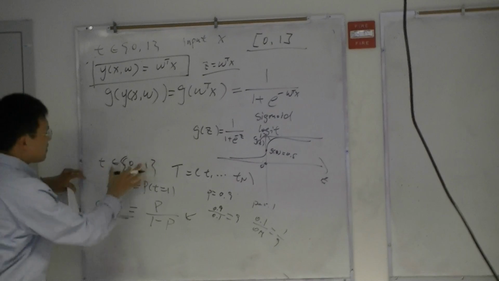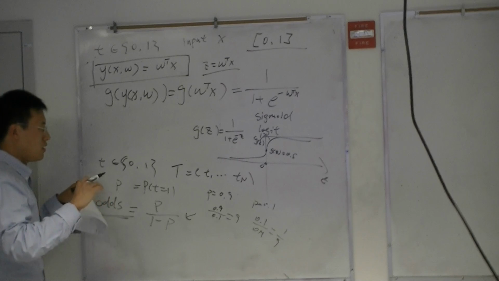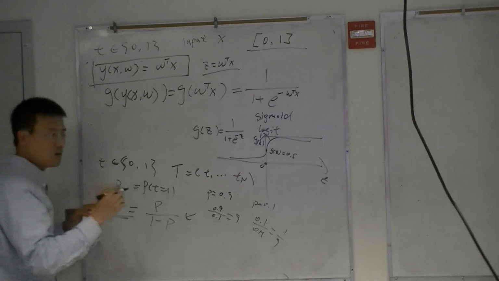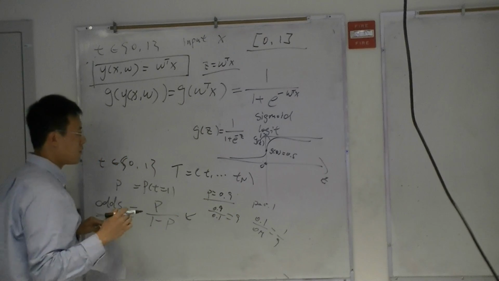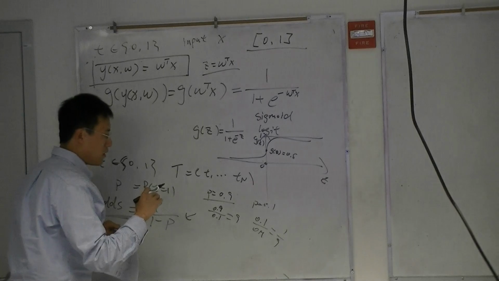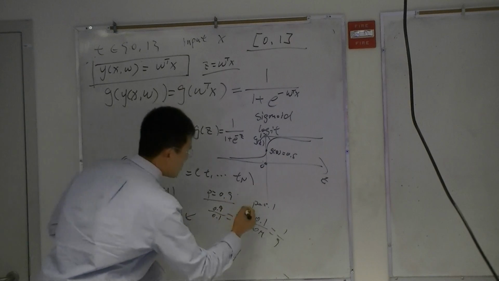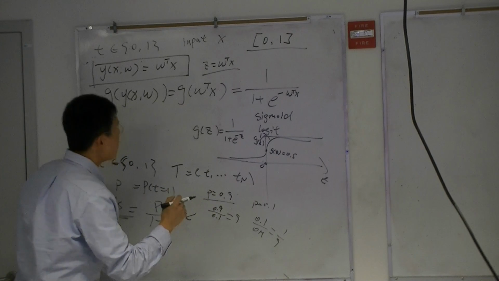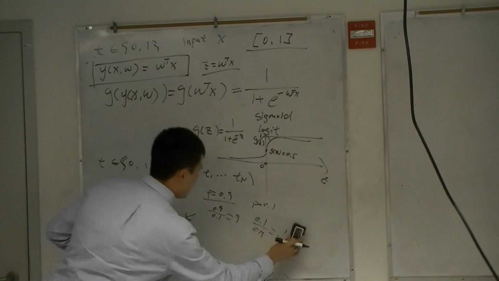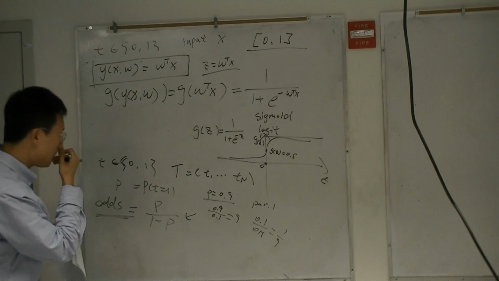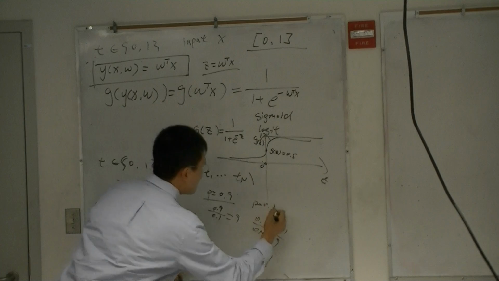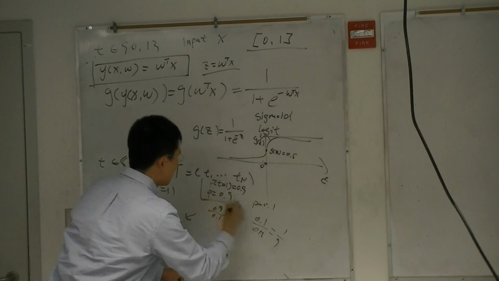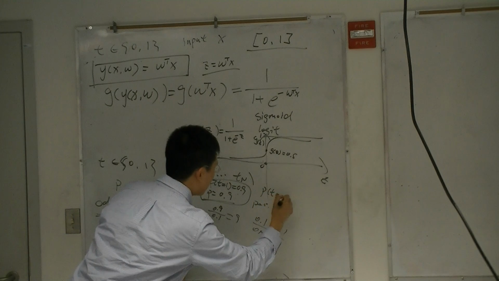If we want to use a binary classification, we hope the output is sometimes symmetric, because this is the probability of T equal to 1, and this is the probability of T equal to 0. For example, the probability of T equal to 1 is 0.5 in this case, and this is the probability of T equal to 0.